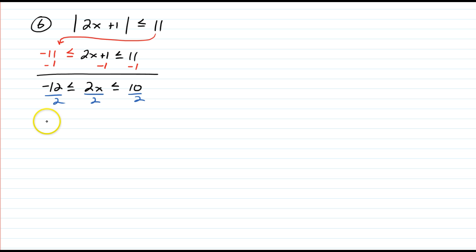And I get negative 6 is less than or equal to x is less than or equal to positive 5. So our goal is to get x by itself, but now our x is going to have to be in the middle. Alright, now you're going to try this one on your own. Absolute value of 4x minus 8 is less than 20.